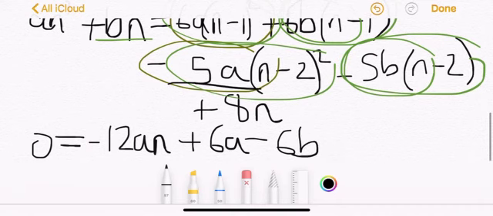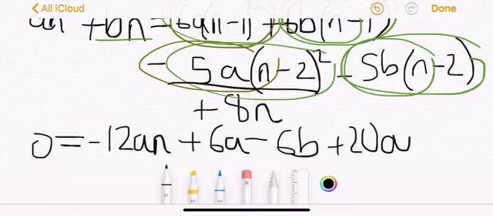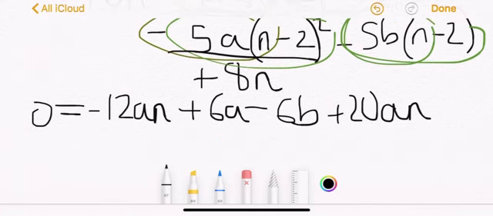And then from here, we want the linear term, which is minus 4n times minus 5a, so plus 20an, and then a constant term of 4 times minus 5a, which is minus 20a.